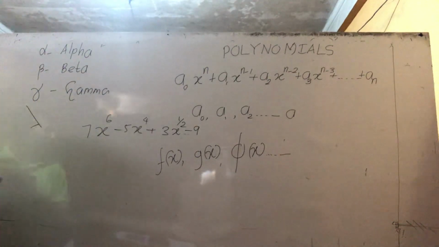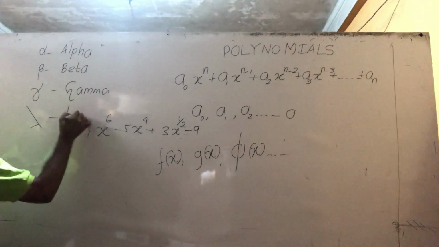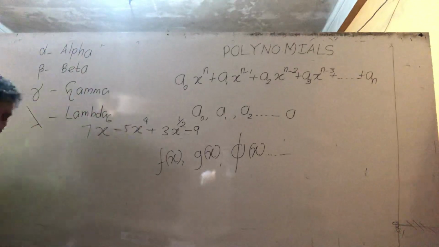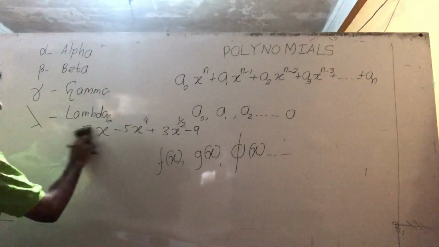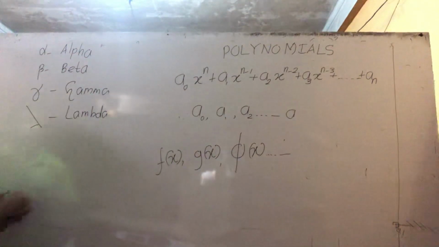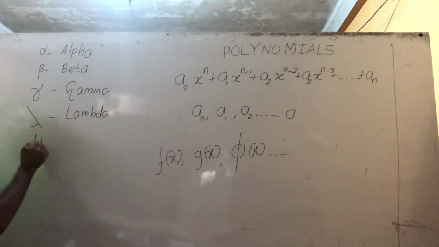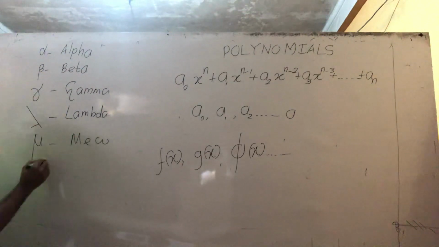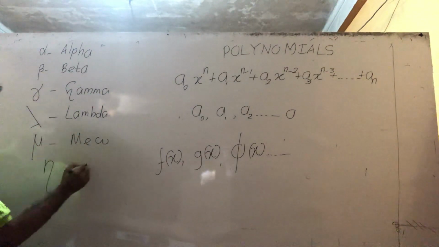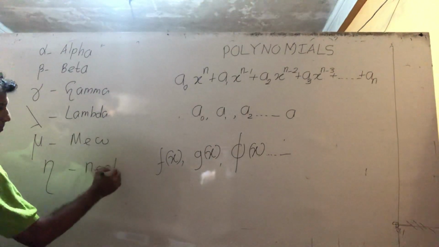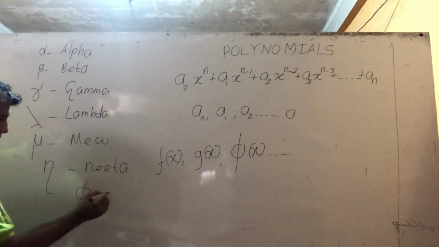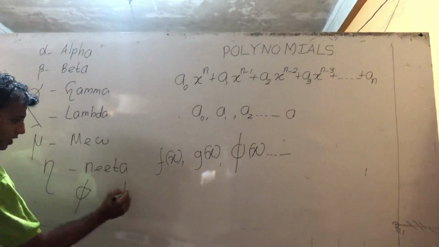This is lambda. These are the frequently used Greek letters, the Greek alphabet. This is mu, the sound M-E-W, mu. This is eta, and this we call phi, right? Phi, P-H-I, phi.